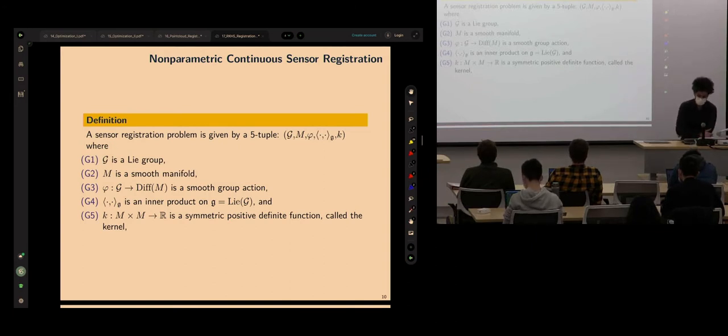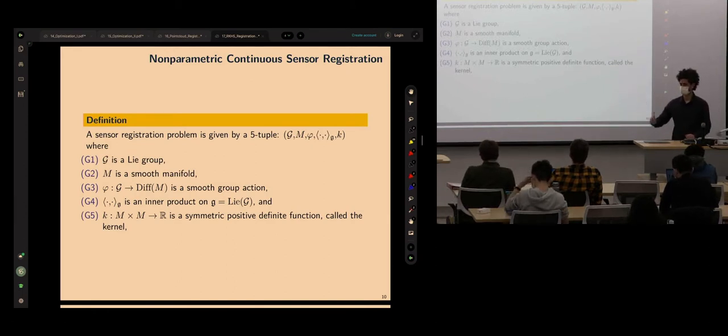So the general framework, we want to keep it general because when we see a problem, we create an instance of this framework and then we apply it. That gives us a framework to organize our thoughts and solve a range of problems instead of just formulating a single problem. We define this continuous sensor registration framework.